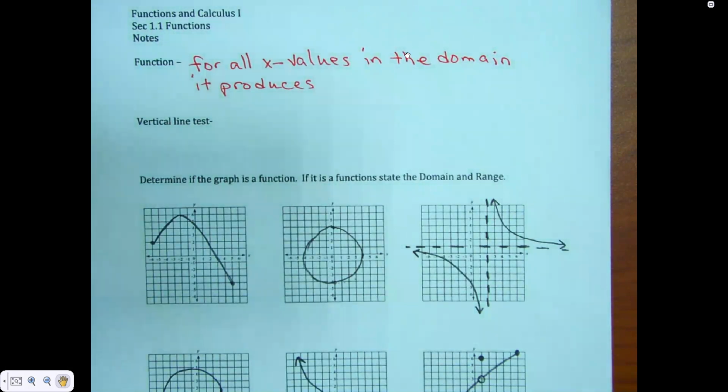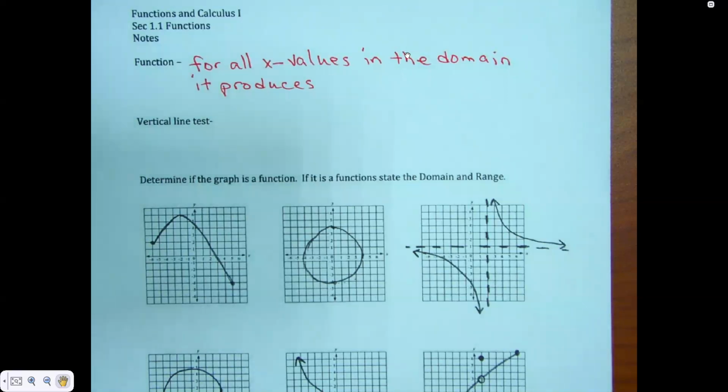So you put an x into an equation, any equation. You want to make sure that only one y value is coming out, which happens most of the time. We use that word all the time, and it's almost always correct.